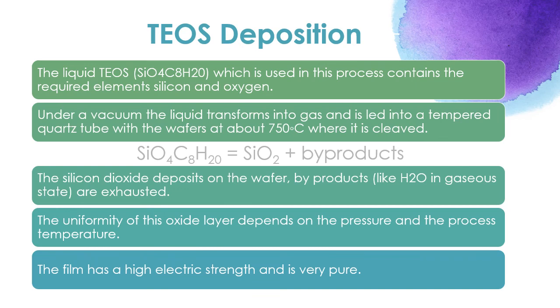The uniformity of this oxide layer depends on the pressure and the process temperature. The film created using this process has high electric strength and is very pure.